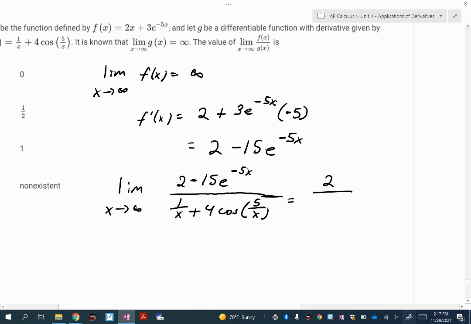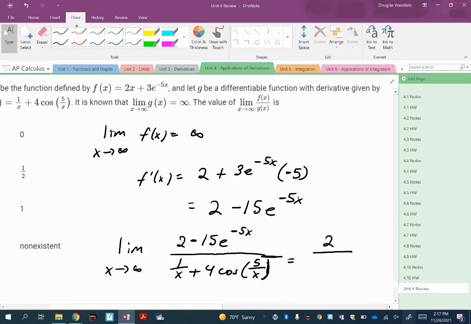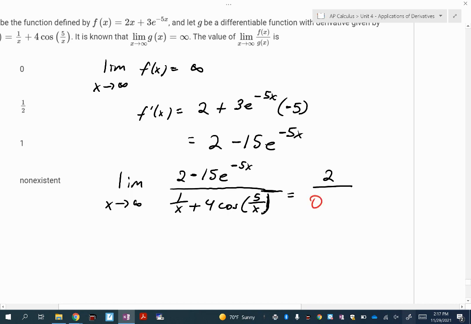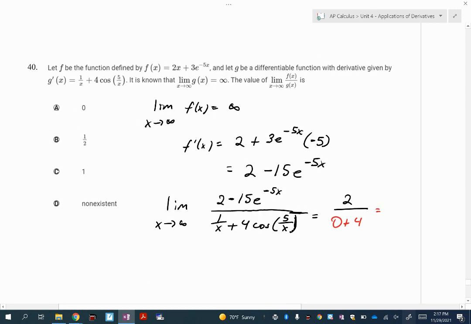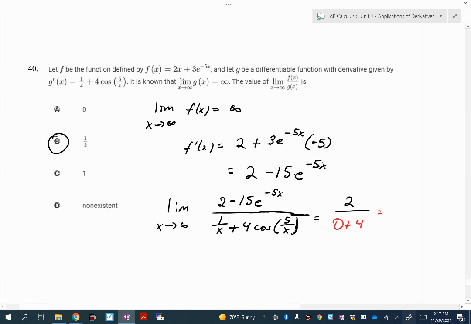And then in my denominator, I have 1 over x, which would be 1 over a really big number, a small number, which is essentially 0. And then plus 5 over a really big number is going to be essentially 0. So the cosine of 0 is actually 1, and 4 times 1 is 4. So 2/4 reduces to 1/2, or b.